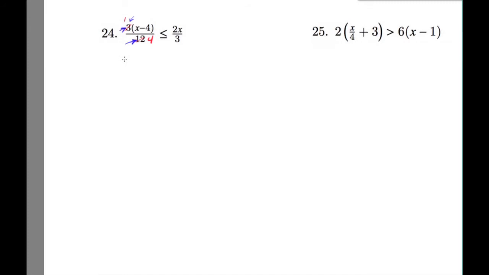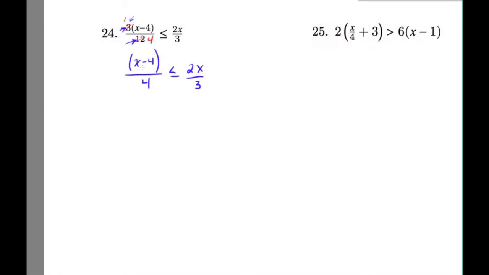So now I have 1 times x minus 4 over 4 is less than 2x over 3. Well, really I don't need to write this 1 out in front, so I can get rid of that.